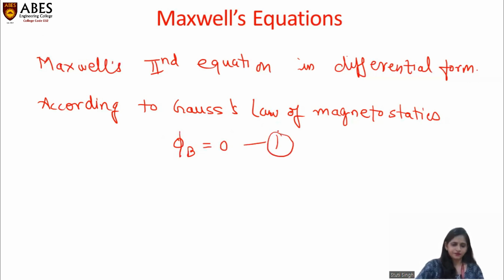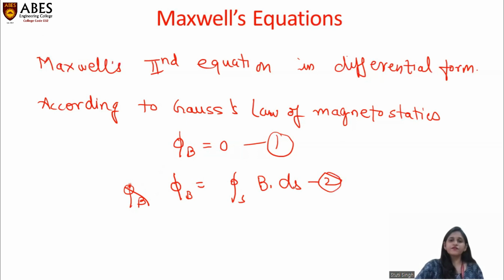Now flux phi B can be represented in terms of magnetic field as phi B is equal to surface integral B dot dS. This is equation number 2.